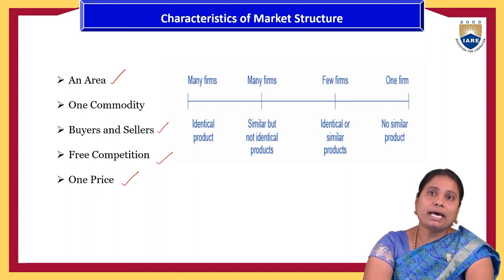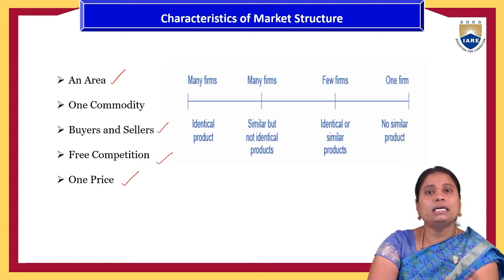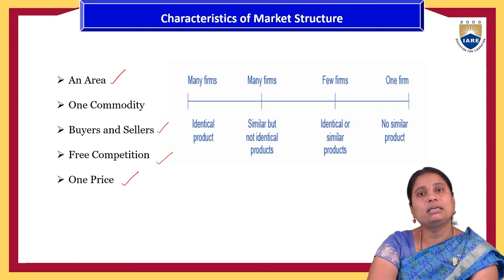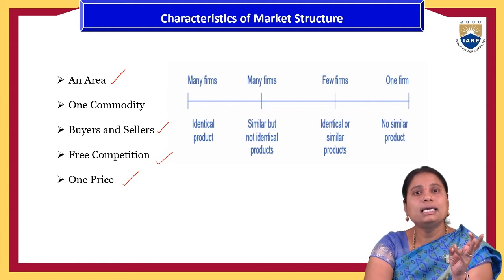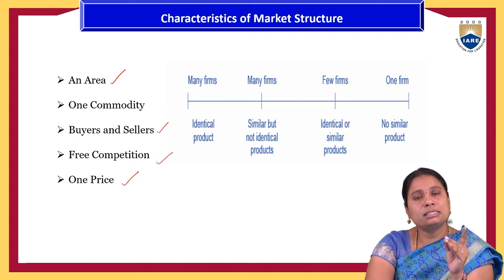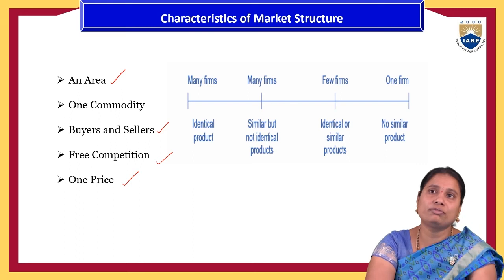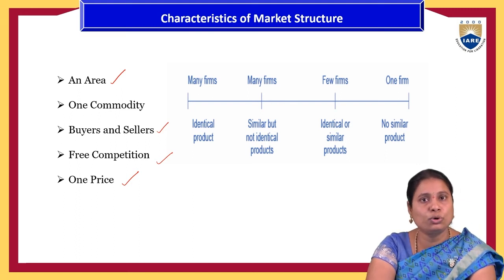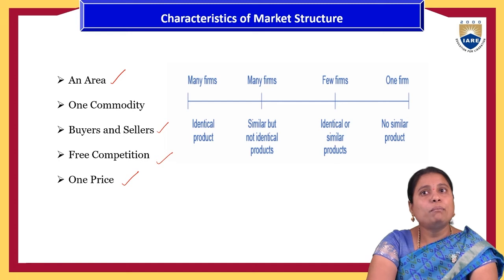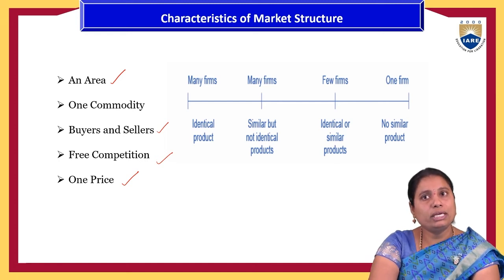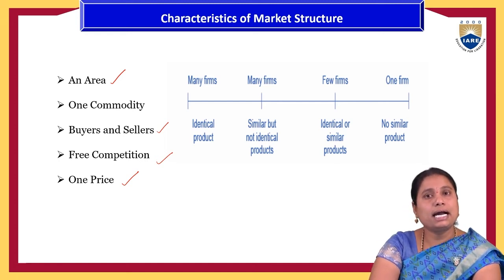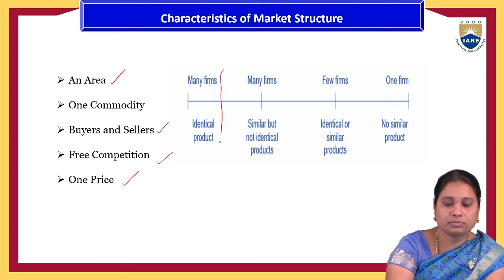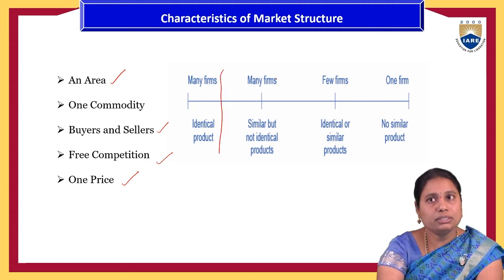So if anybody is telling about a particular market structure, they describe that locality, the number of commodities available, the number of people, that is buyers and sellers, competition between sellers and buyers, as well as the pricing levels of that market. If many firms are there, we can say there are identical products, or many firms with similar but not identical products.